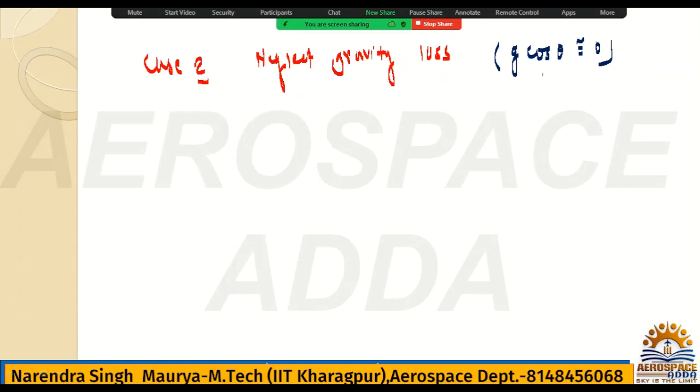And when is it possible? When the rocket is flying in horizontal flight condition. If you take horizontal flight condition, what will be the theta? I can write here horizontal flight. Theta will be 0.